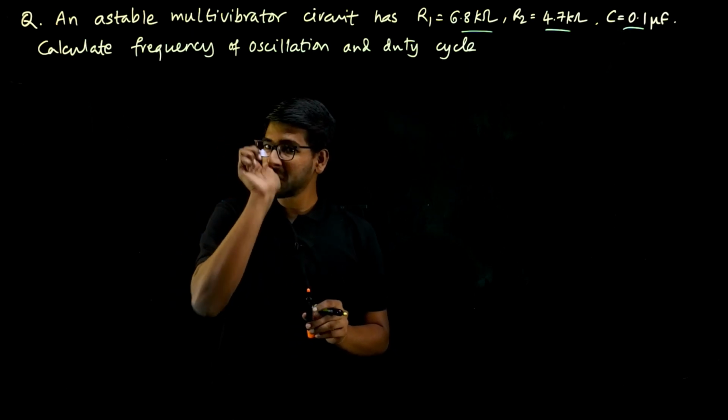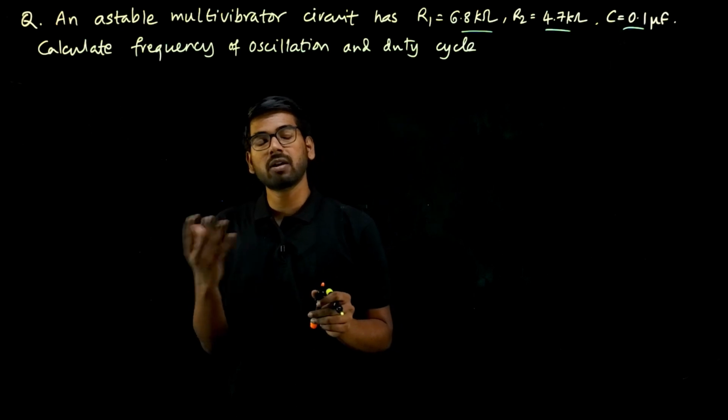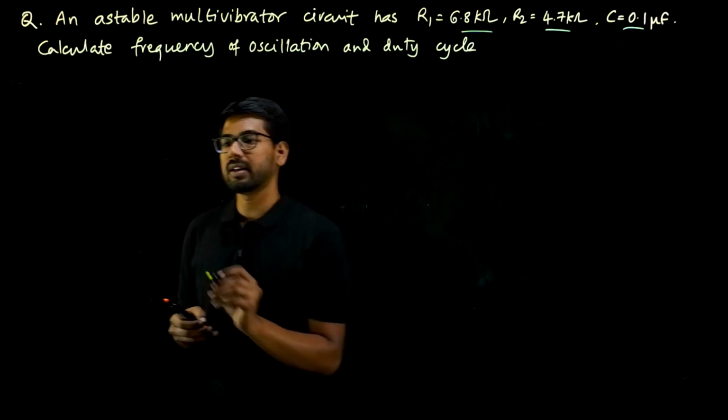So what is an astable multivibrator? It's a device which is built on a 555 timer. There is a 555 timer like this.